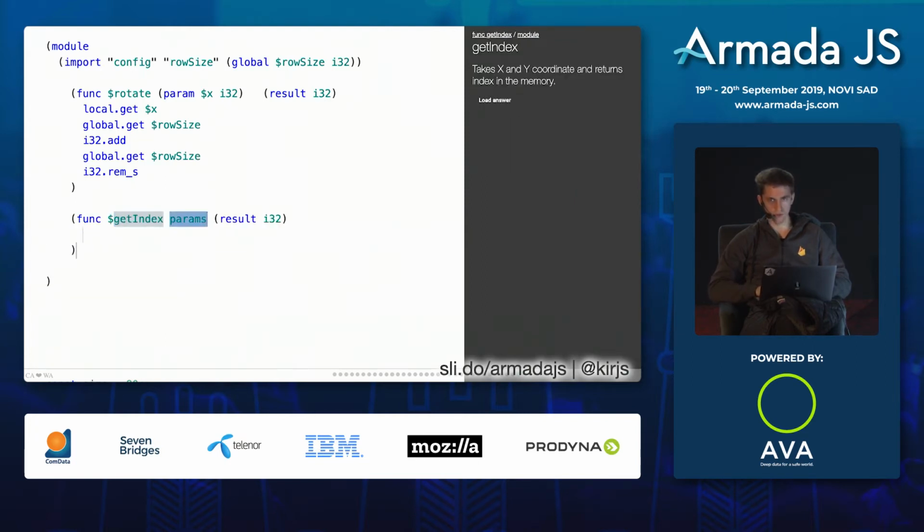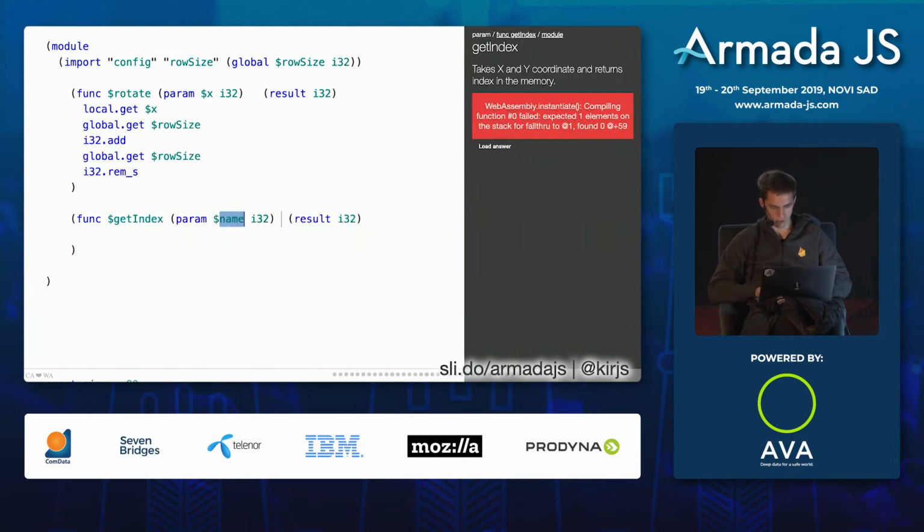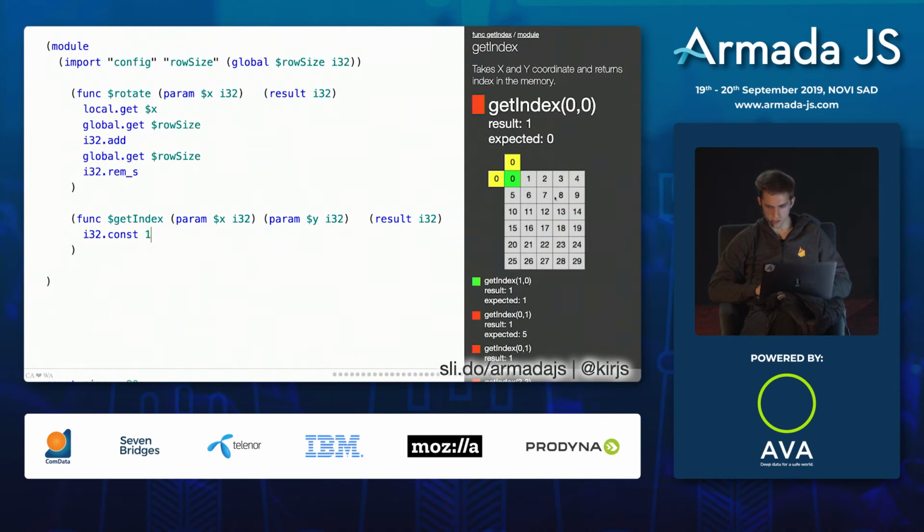And what we're going to do, we're going to work with memory now, and in order to prepare, we are going to take 2 coordinates, which are x and y. And we are going to turn it into an index in memory. I'm going to return just any constant just to get the test running.